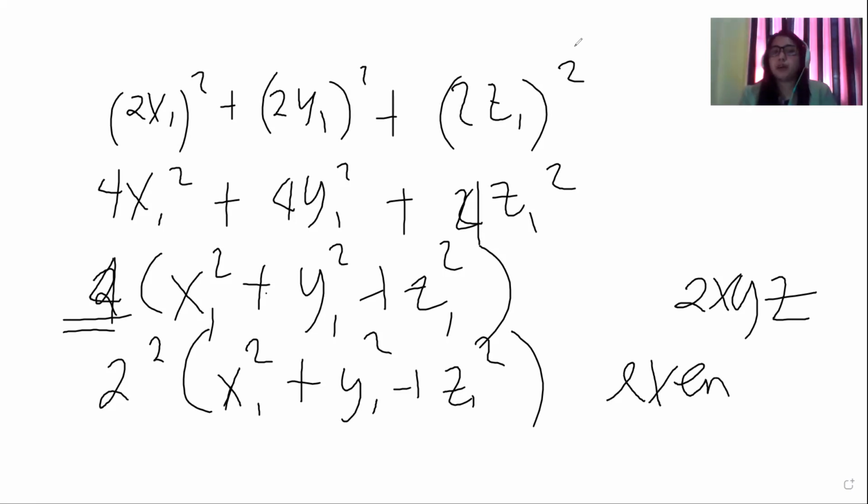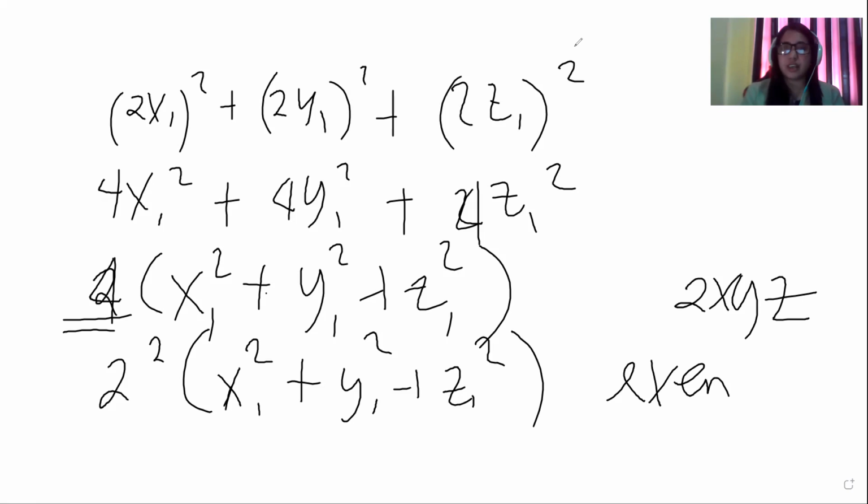So if our variables x, y, z are all even integers, then the result is even.